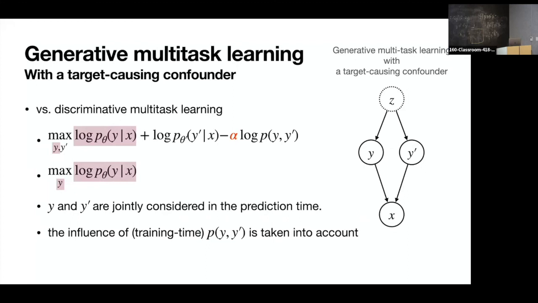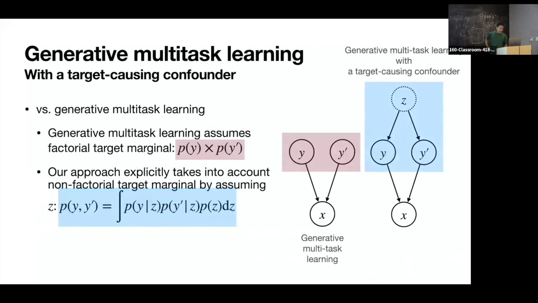In terms of inference, we now take the Y prime into account as well. Y prime's influence comes from two different terms: one is how well Y prime explains this X observation, and the other is how Y prime is related to Y itself. So we always consider them jointly.